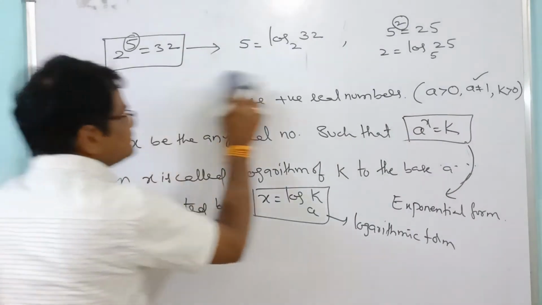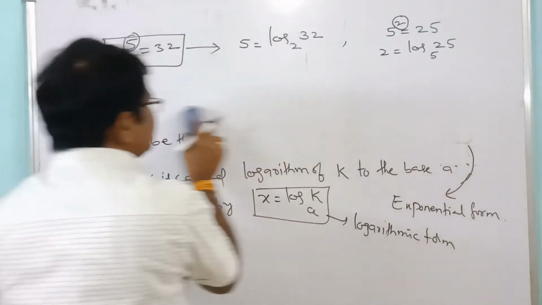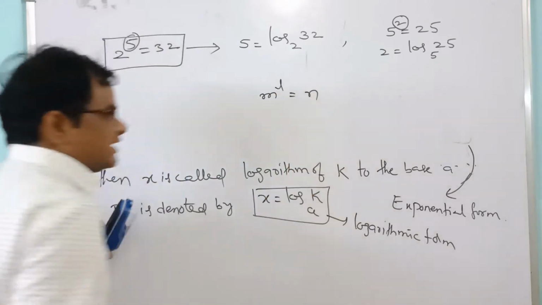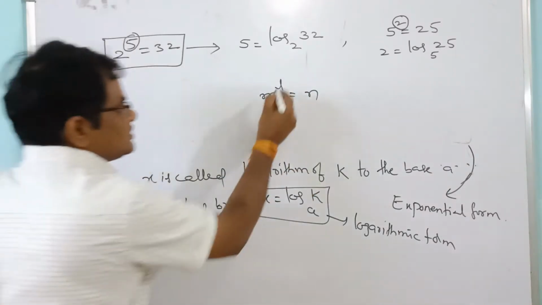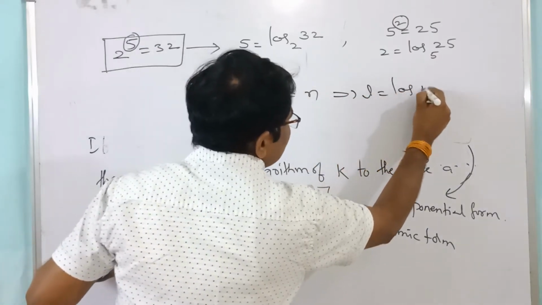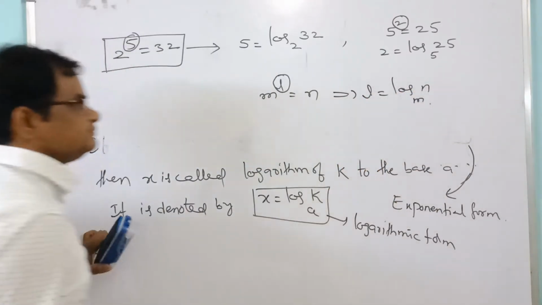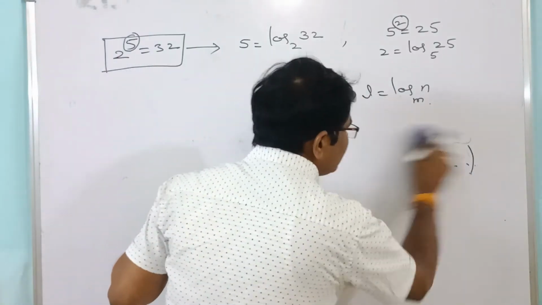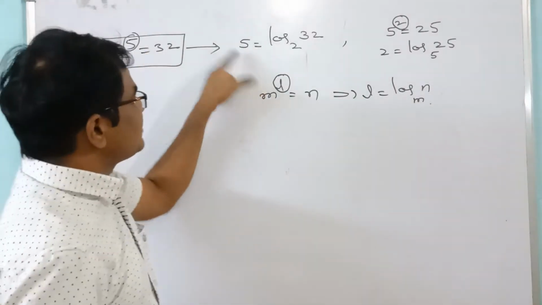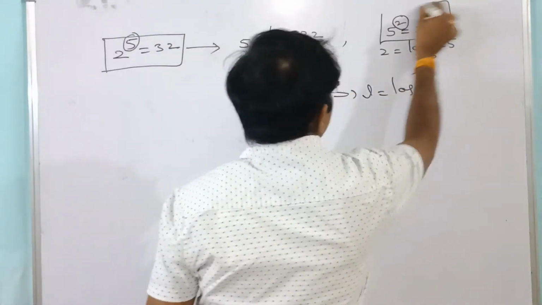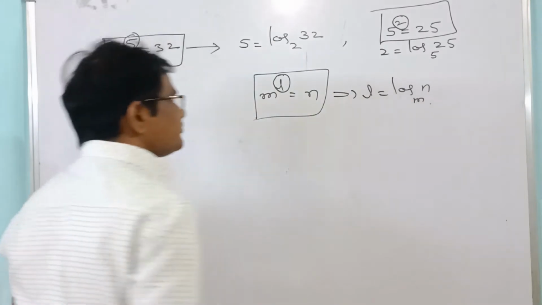Next, if you take m to the power of l equal to n generally, this l can be written as logarithm of n to the base m. All these three examples show exponential form converting into logarithmic form.